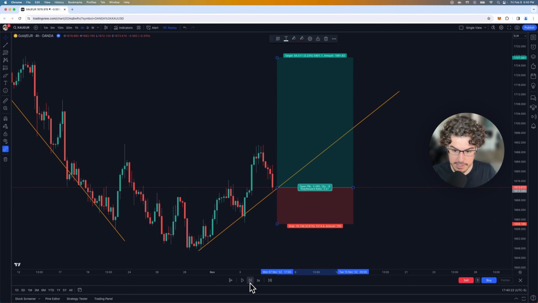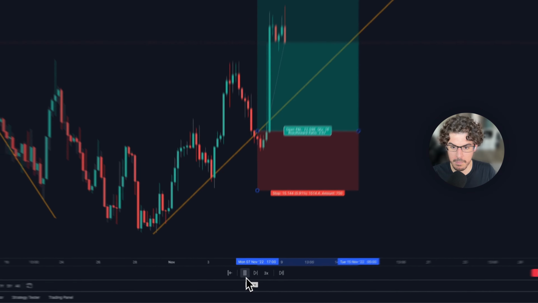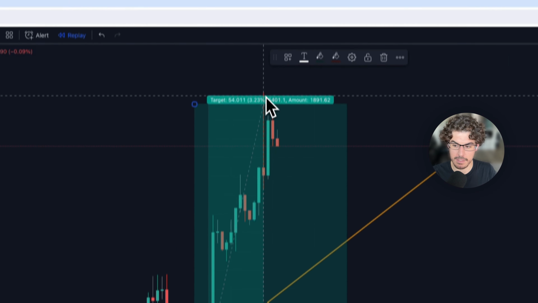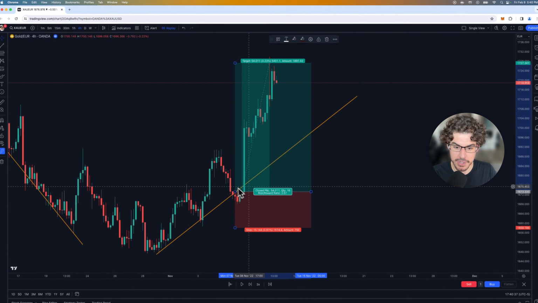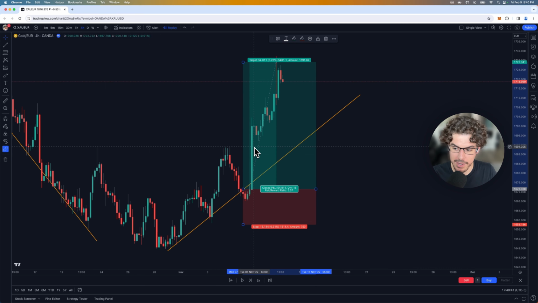And let's hit play and see what happens. All right, take profit hit. This trade went almost immediately into profit, and the reason why is because we're in an uptrend. There's a saying that goes: trade with the trend, the trend is your friend, or don't go against the trend.